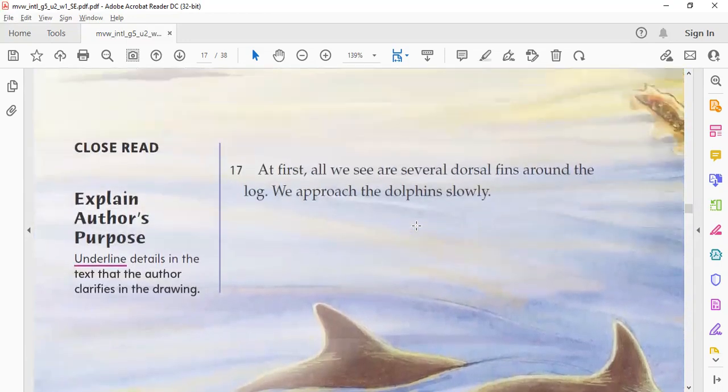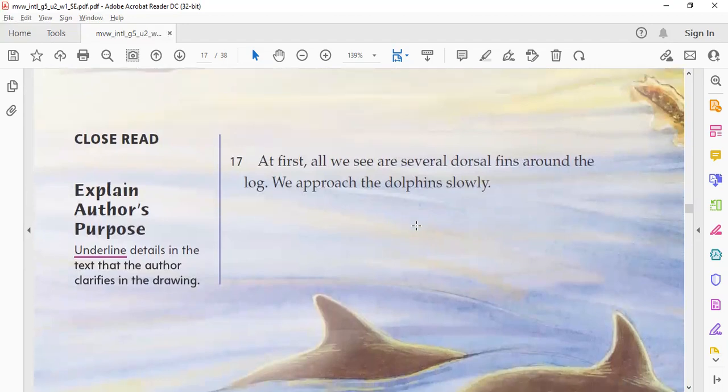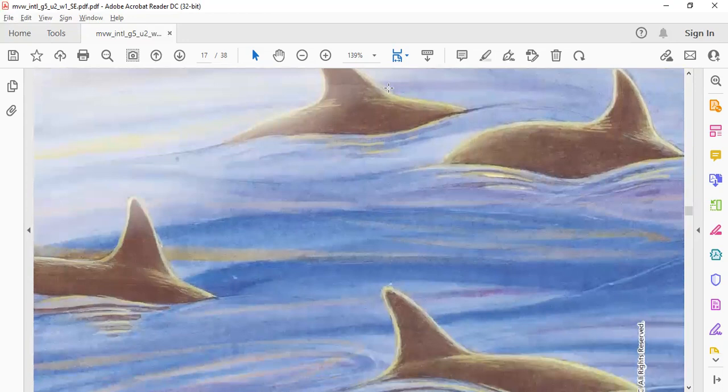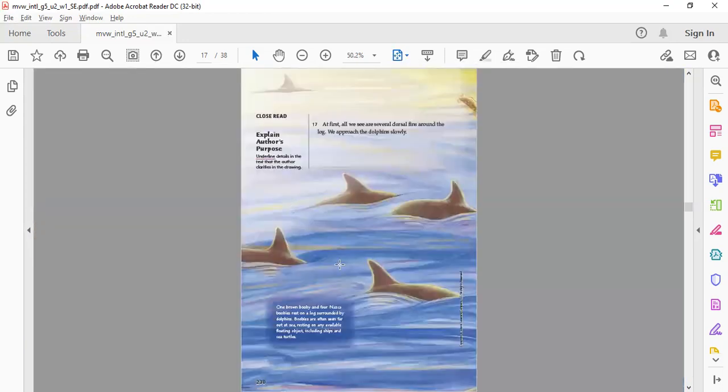Can you see the whole dolphin here in this page? No. So what can you see? I can only see the fins. The fins, very good. And the text says, we approach the dolphins slowly.